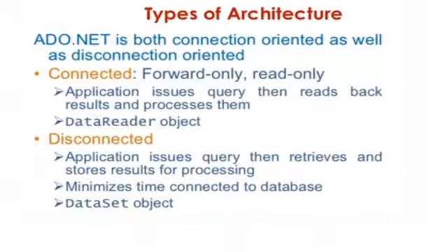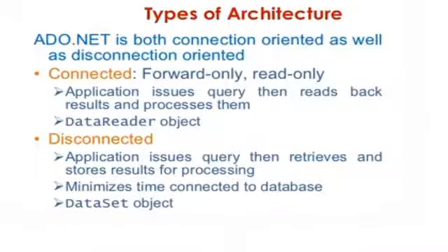ADO.NET connects the user interface or programmer's interface with the database. So in .NET technology we need to use ADO.NET. There are two architectures: one is connected and the second is disconnected architecture.